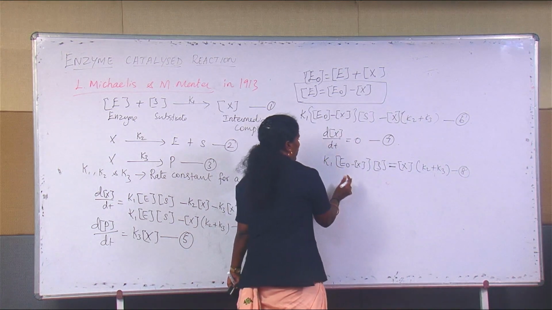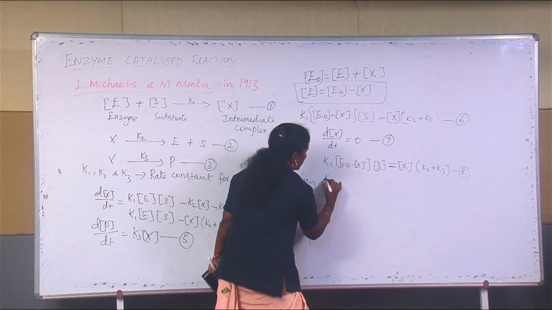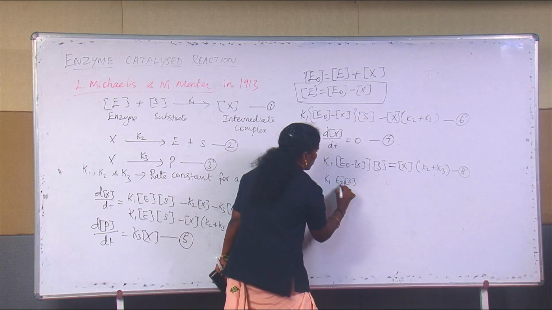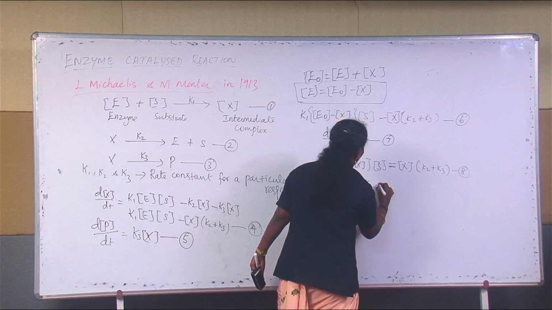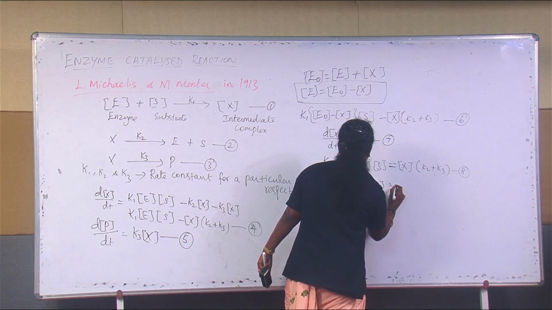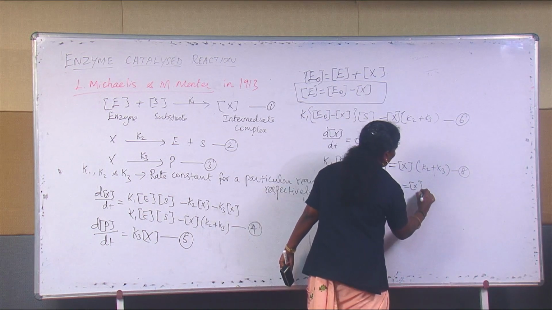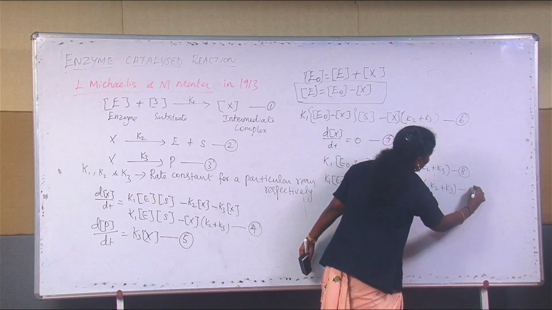Next, we multiply S on these two terms. We can write K1 E0 S minus K1 X S equals X times (K2 plus K3). This is equation number 9.